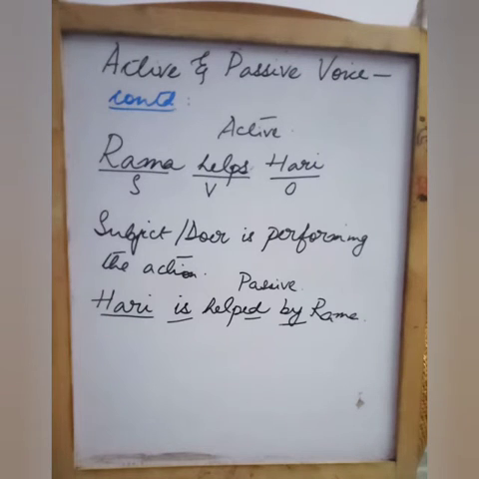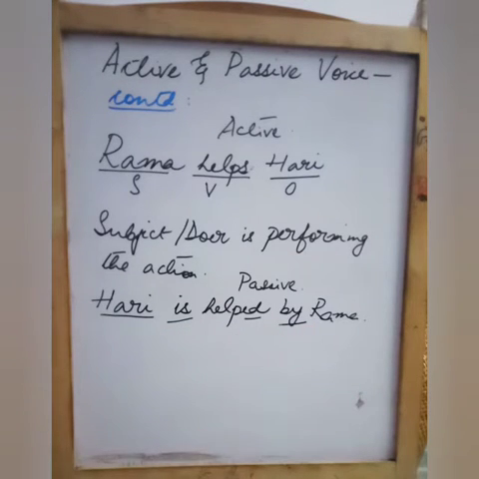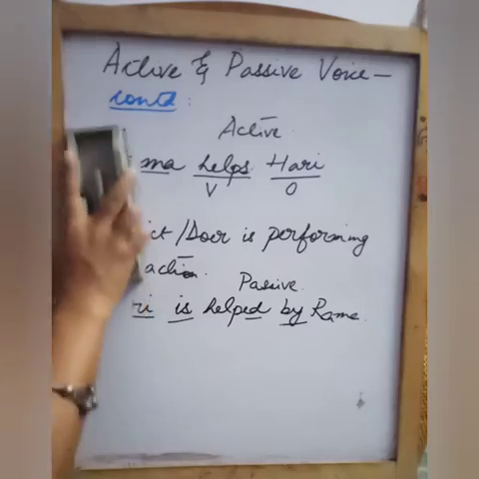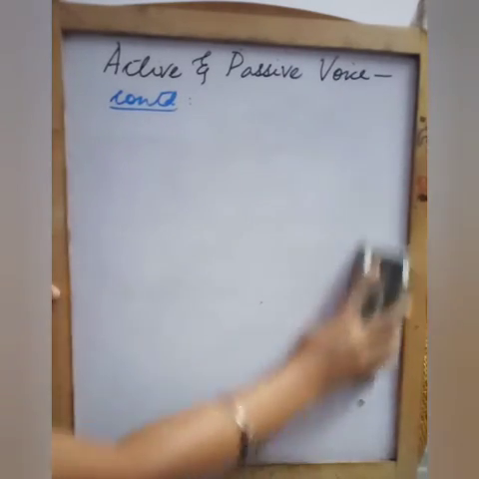So this is what we had done about active and passive voice. Now see, when we are changing from the active to the passive, what are we doing? We are just flipping, or changing, the structure of the sentence, and hence we are adding an auxiliary or helping verb and a preposition. I think you have understood this much. It is not rocket science, so it is easy to understand.